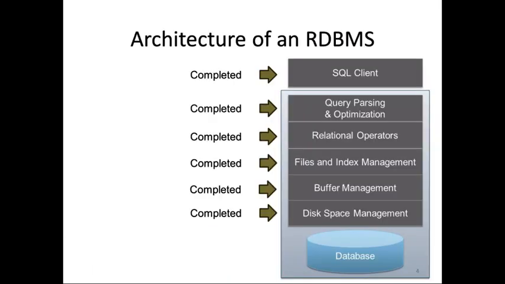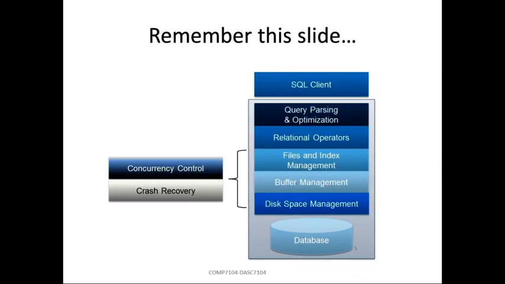So since we have discussed a lot, of course, this modular architecture of traditional database management systems, it's reasonable to ask where transactions are handled in this architecture. And I would say that from an architectural point of view, the transaction manager, for both concurrency control and crash recovery, is somewhat placed in parallel with respect to this stack of modules.